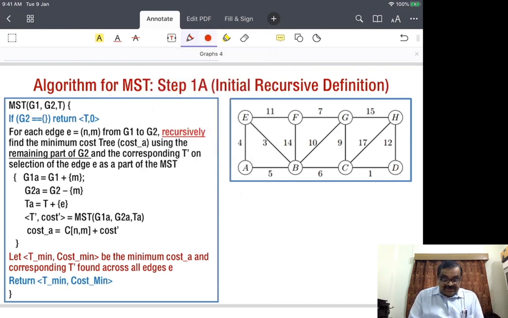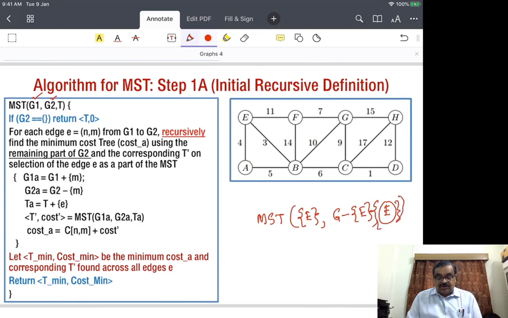Let us revisit the algorithm. The algorithm starts with G1 and G2, and we initially call it, let us say in this case, with MST of E and G minus E, and the tree that we call it with is just containing the node E and no edges.